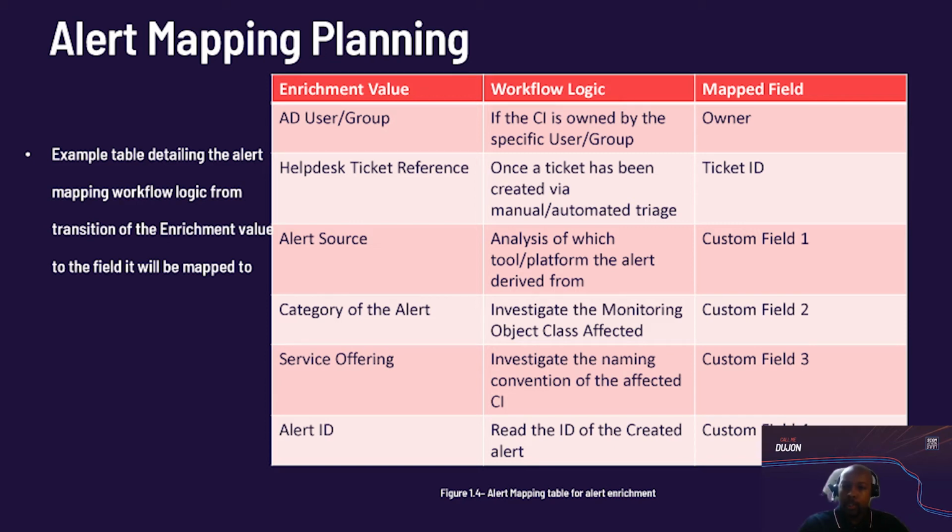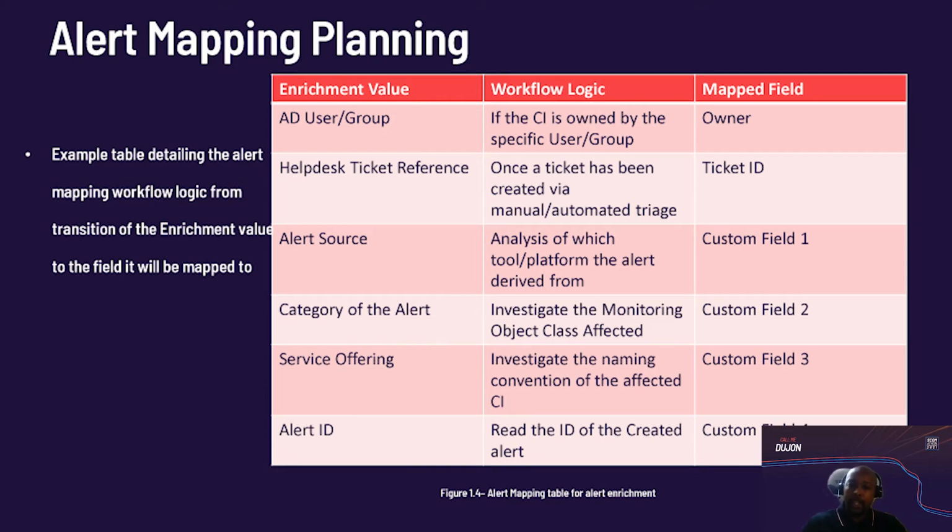So the structure there would be to say, for example, if this SQL server, let's go by its naming convention, or let's say you have a CMDB, and that particular server is then mapped to a particular service offering or a particular business offering.